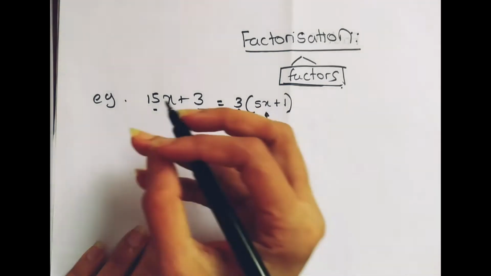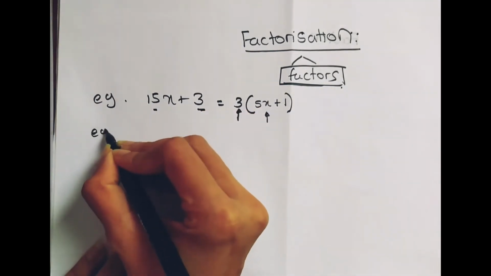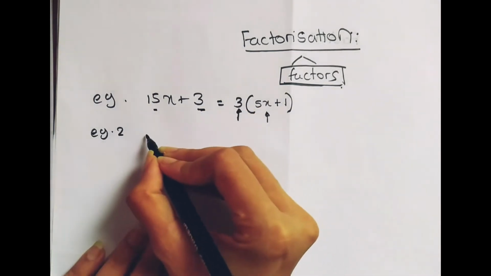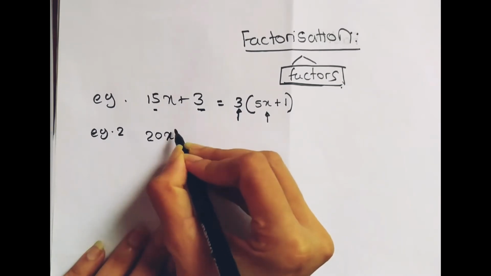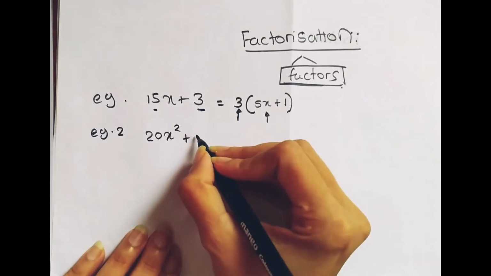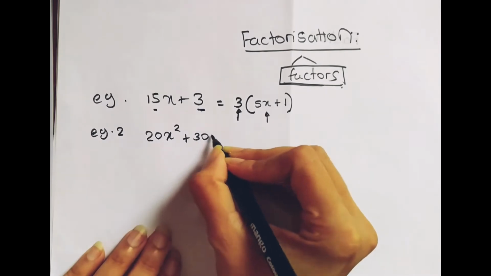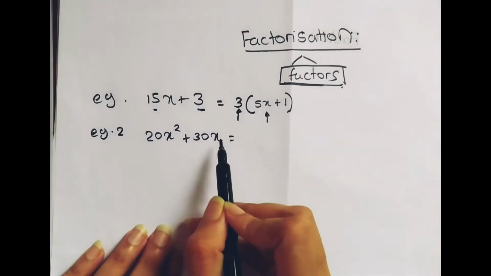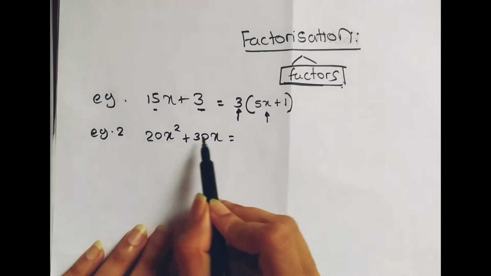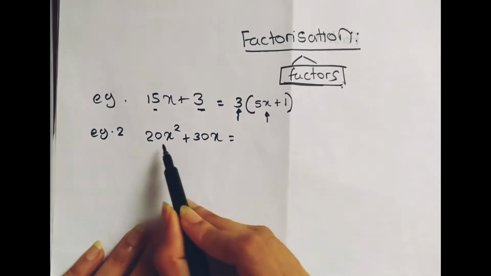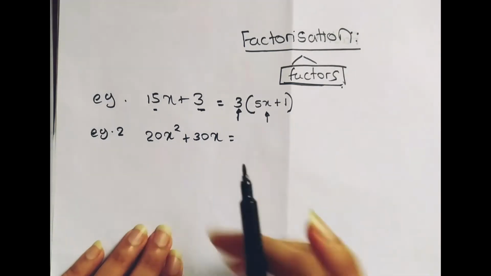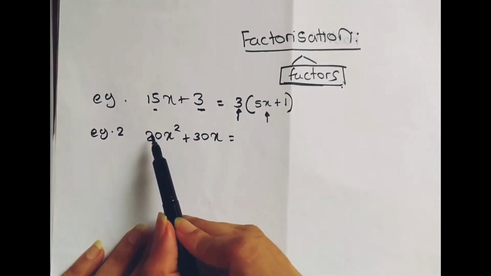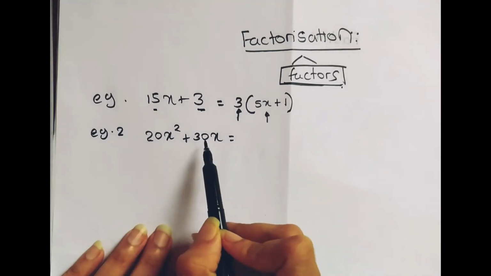Okay, so one more example. Let's take the second example. 20x squared plus 30x. Right? So when you look at this, you can see that x is common for both of these terms, as well as 10. This is 10 times 2 and this is 10 times 3.